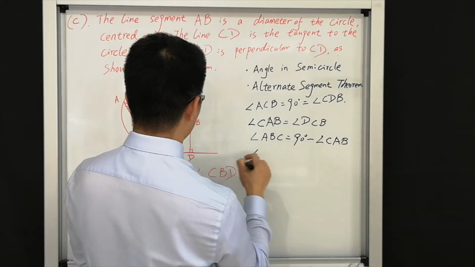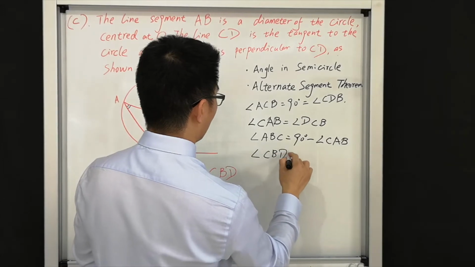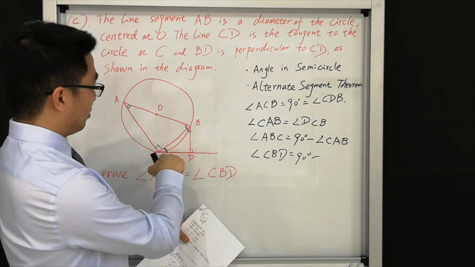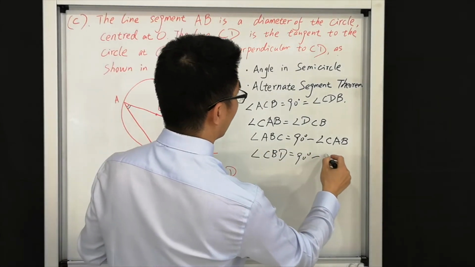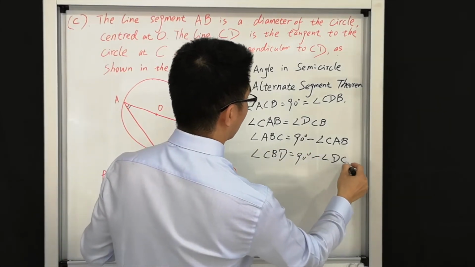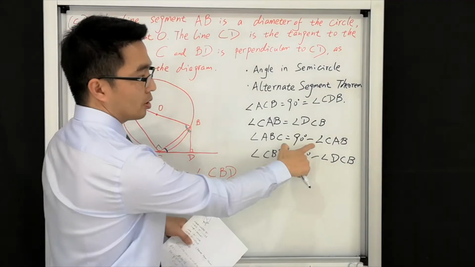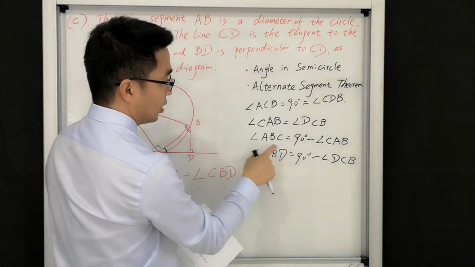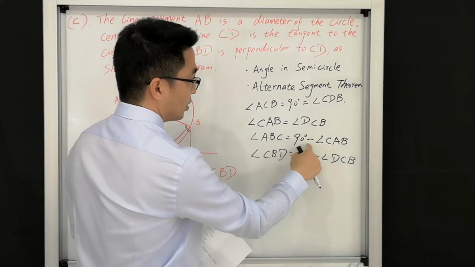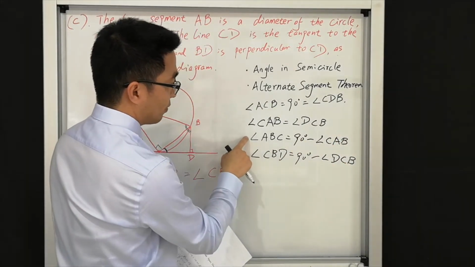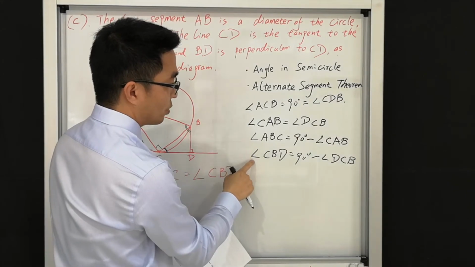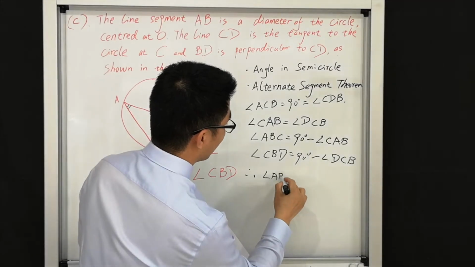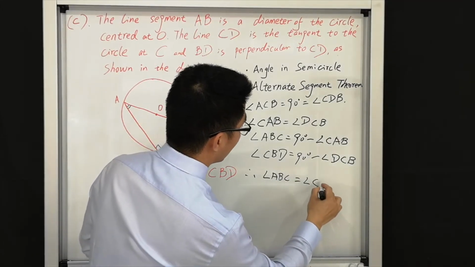Also angle CBD equals 90 degrees minus angle DCB. Because angle CAB equals DCB, we have 90 degrees minus the same thing. That's why angle ABC equals angle CBD.